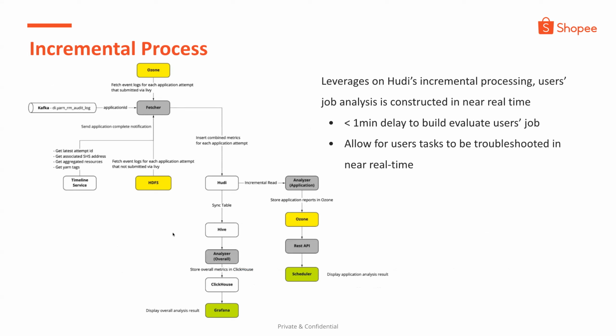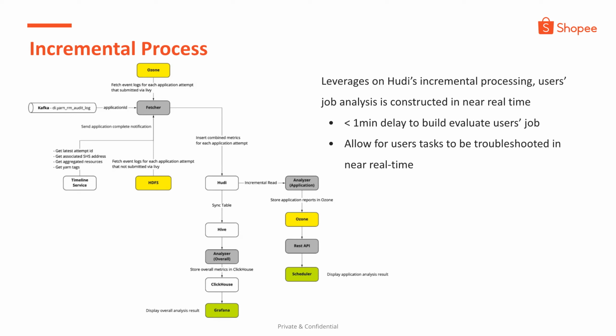Okay. Here is an example. It is an offline computing platform based on Hudi incremental computing to build near real-time user job analysis. When a user submits a Spark job to the cluster, the system automatically collects user logs and metrics after the task is complete. The metrics and key logs are extracted and written to the Hudi table.